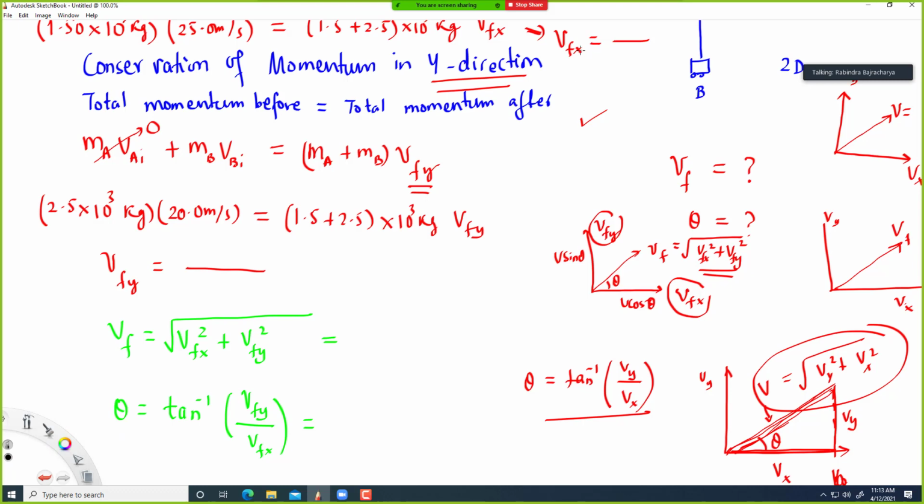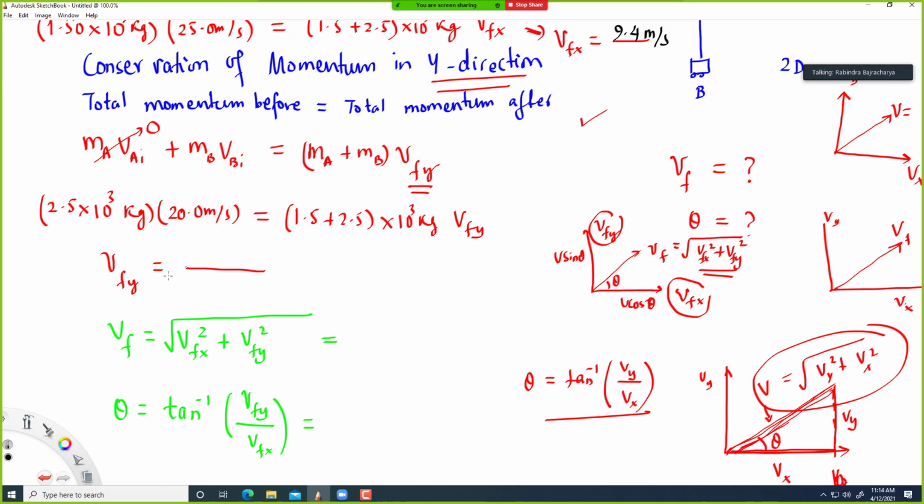Anyone has Vfx? Say it loudly. 9.4. 9.4 meters per second. Okay.